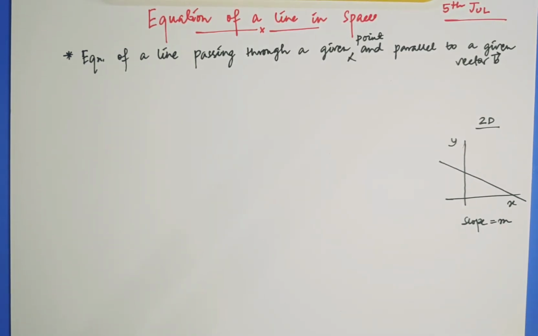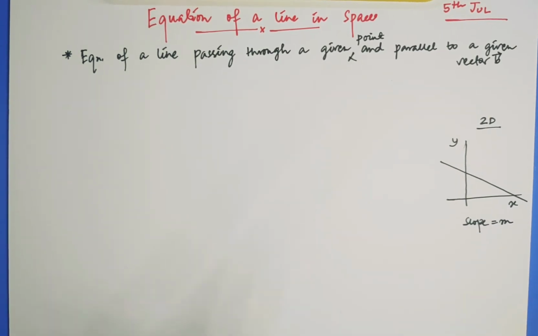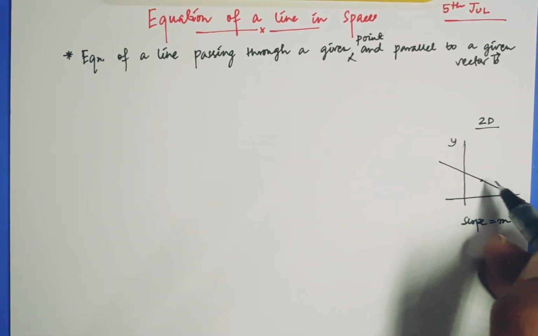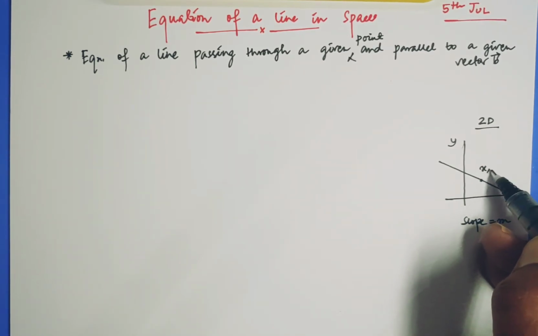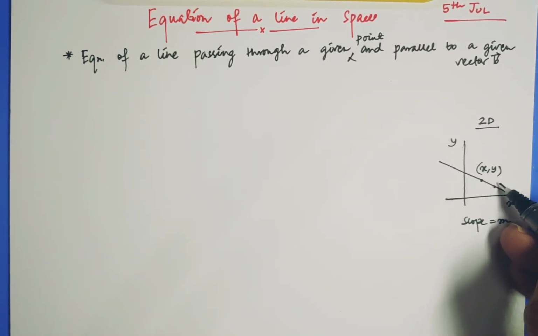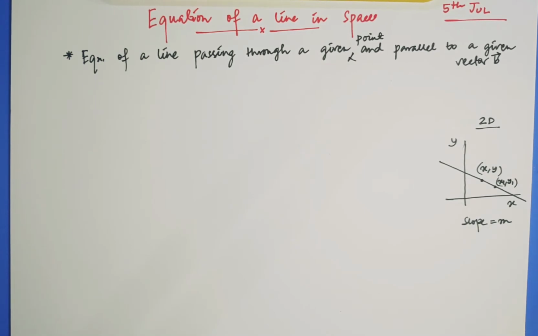Okay, now we have to find the equation of a line. In order to find the equation of a line, the first thing we do is take a general point x, y, right? And there is a point that is given, so let us write that one as x1, y1. So these two are given: a point through which the line passes, and the slope of the line, that is m.